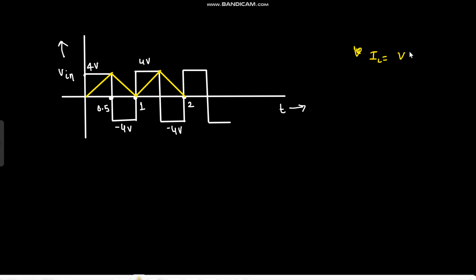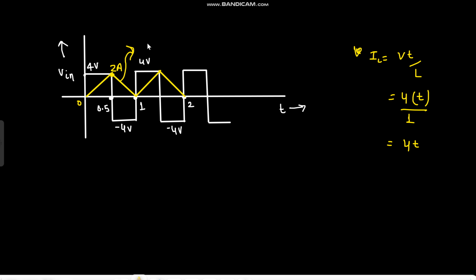Current is Vt by L. So V is, let us assume 4, and L is 1. So our IL is 4t. So it would increase linearly. What would be the value here? 4 into 0.5, that would be 2 ampere. So from 0 to 2 it is increasing.